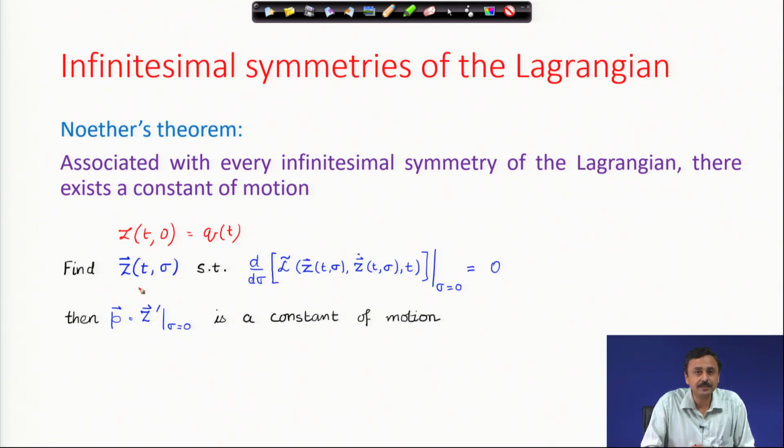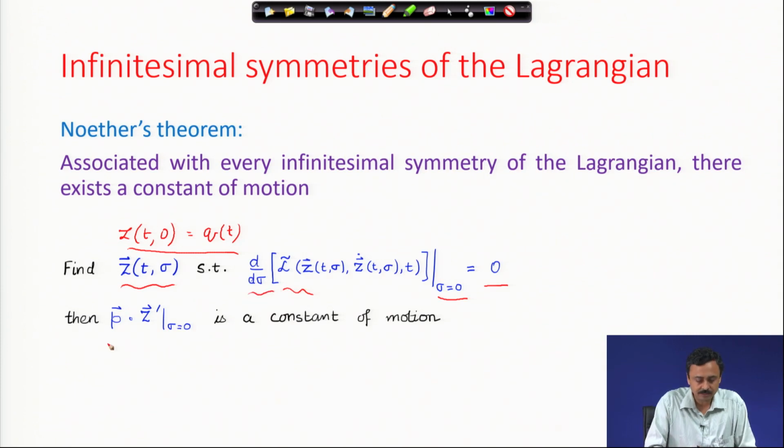Try to find out this transformation z such that d sigma of the new Lagrangian that you obtain by using z, calculated at sigma equal to 0, is equal to 0. That means it is symmetric under this transformation. Try to find out a transformation under which the Lagrangian is symmetric, or at least infinitesimally symmetric.